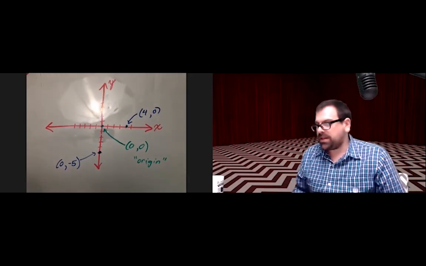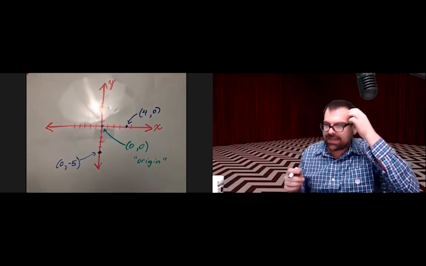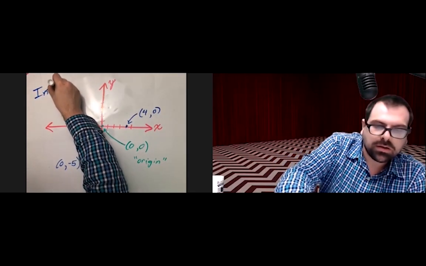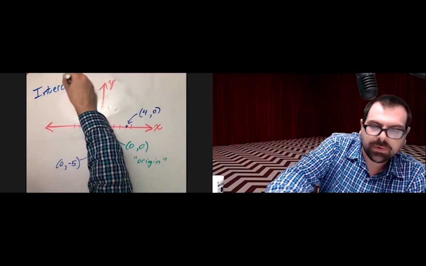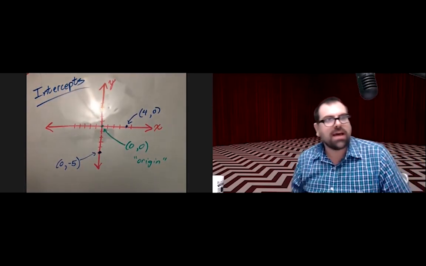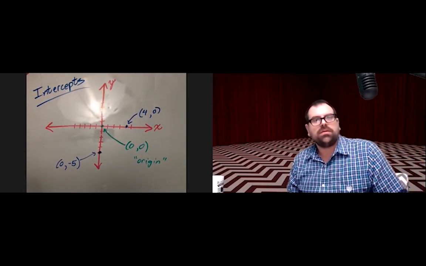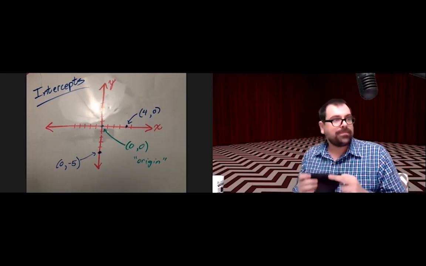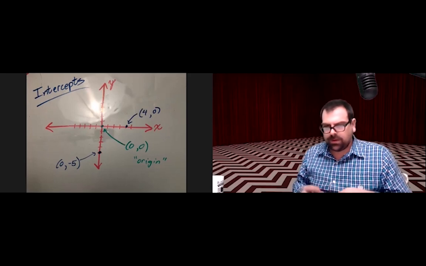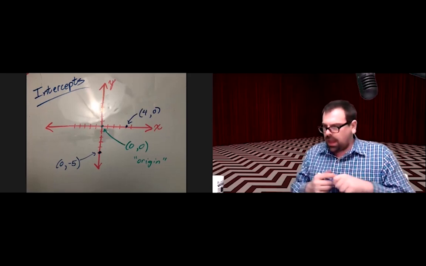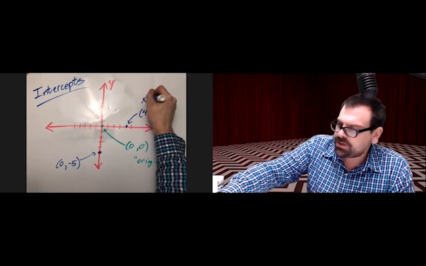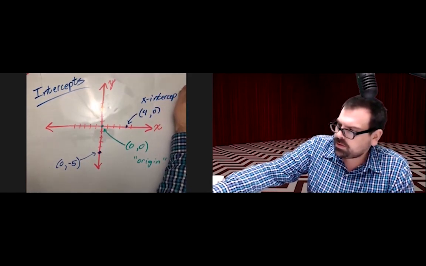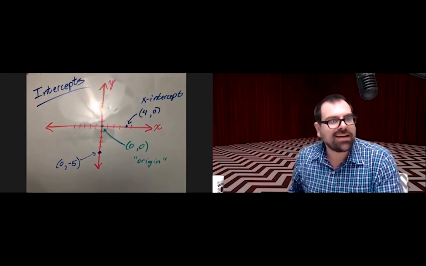These types of points that happen to fall right on the axes are called intercepts because they intercept the axis. An x-intercept intercepts the x-axis.